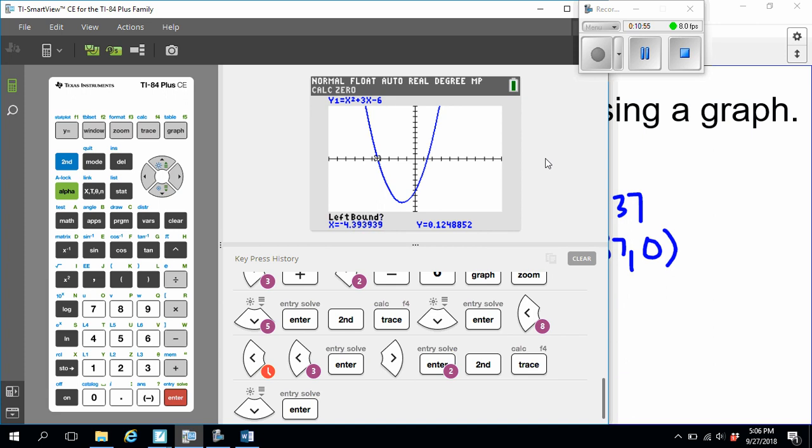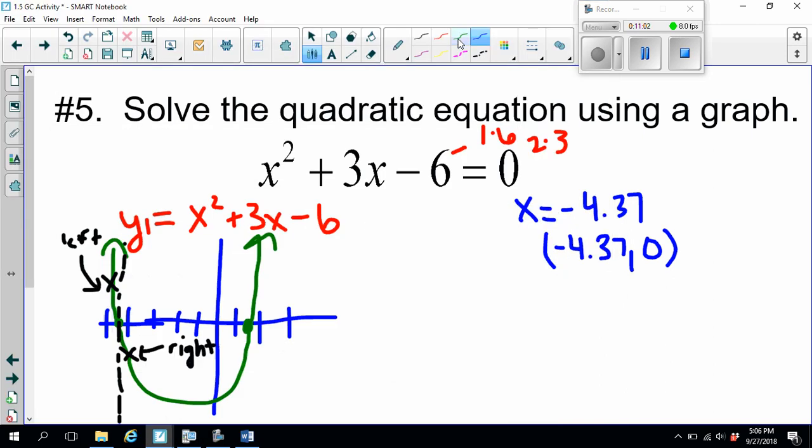In order to know what the left bound is, I'm going to go back to my sketch and draw another line through this x-intercept. Now remember, left means the left-hand side of the x-intercept.